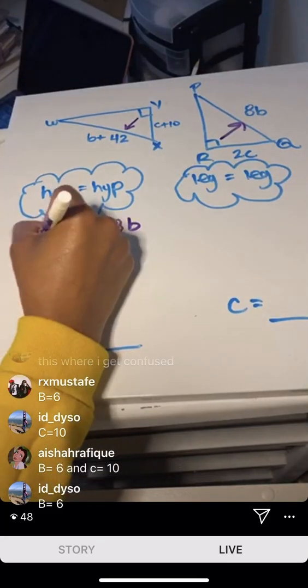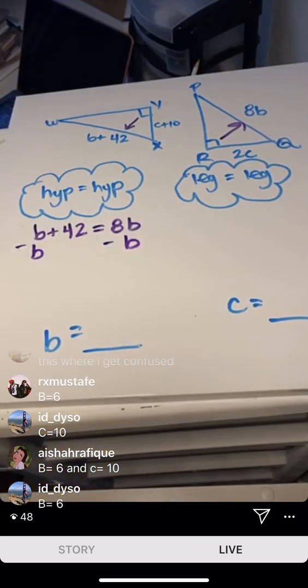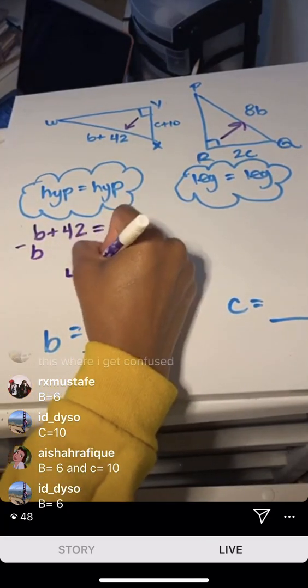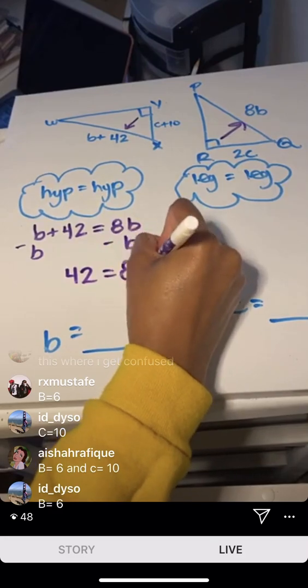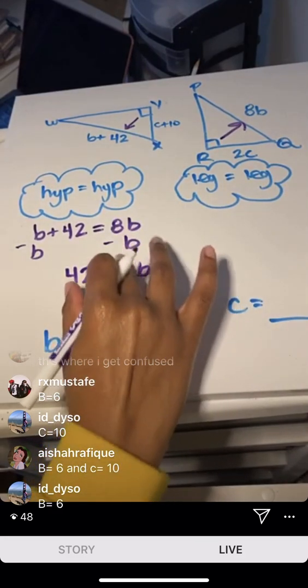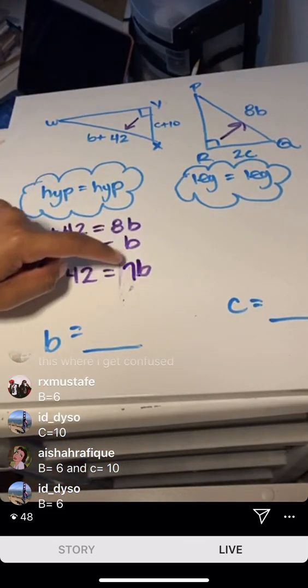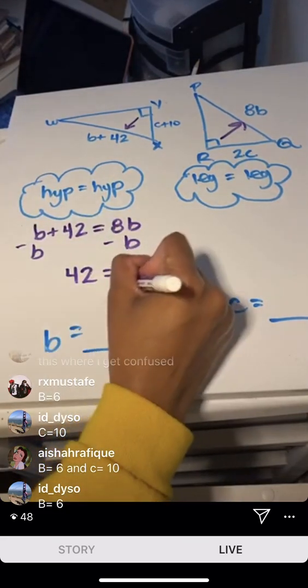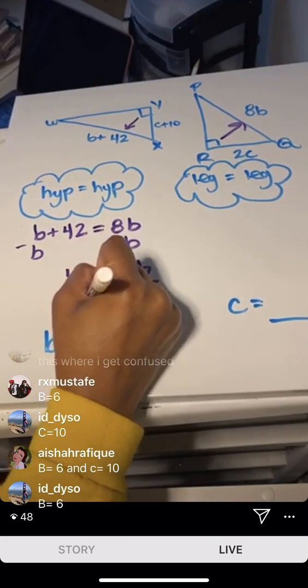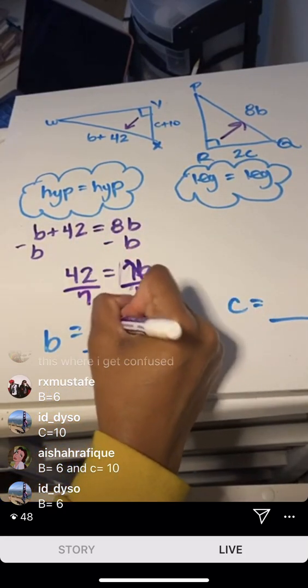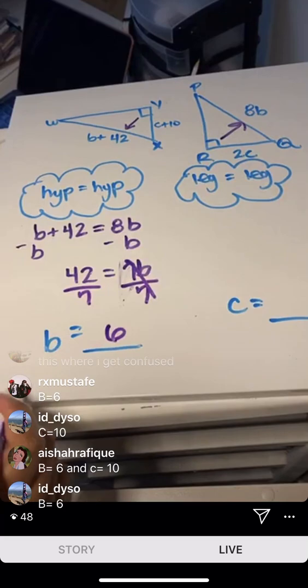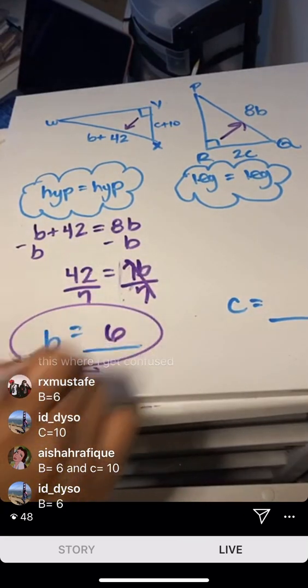So I subtract B on both sides because I want to get B by itself. Now I have 42 equals 8B. I'm sorry, not 8B. 7B. Because 8 minus 1 is 7. And then I divide by 7 on both sides. And I agree with y'all. B equals 6.